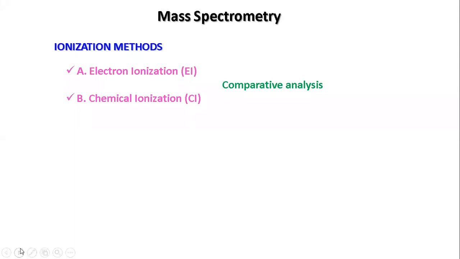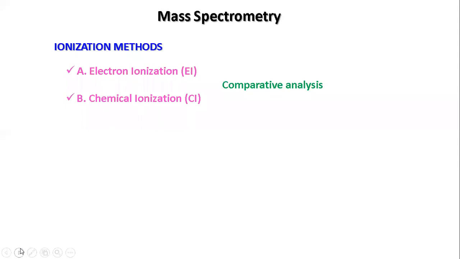What we have seen further is that this electron ionization technique needs a high energy beam, like 50 to 70 electron volts of potential, that gives the molecule accelerated kinetic energy, which is finally transferred to vibrational energy.